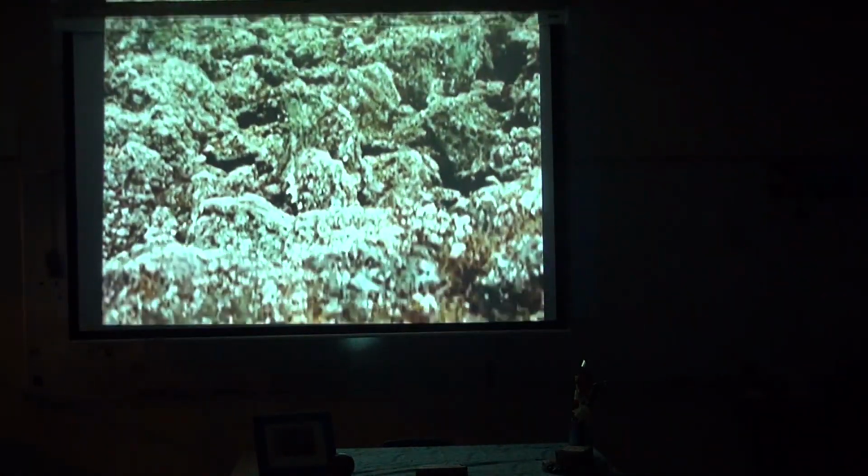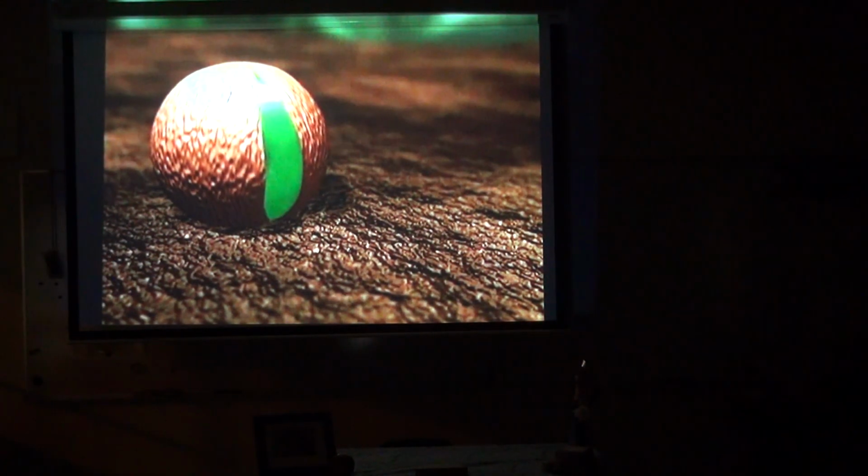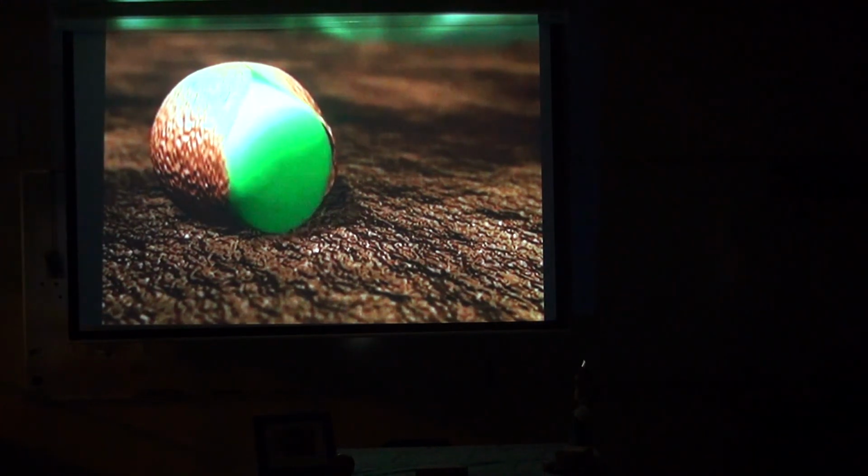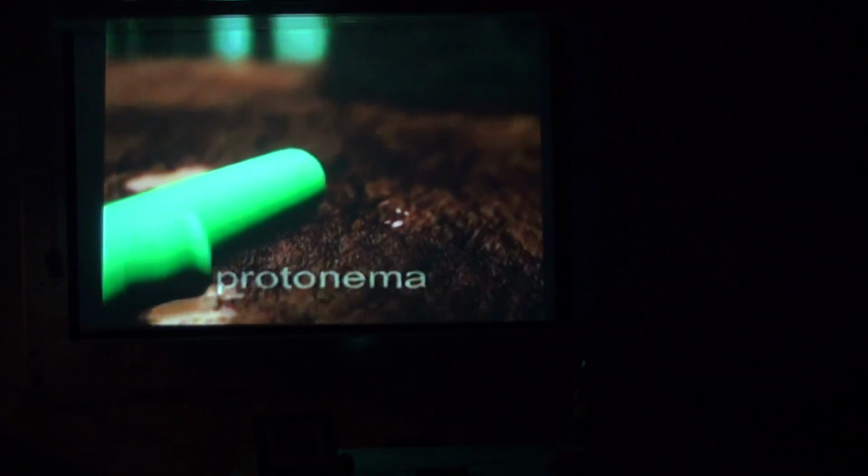Spores carried by the wind may land on an exposed surface. After rain, the spore cell absorbs water and germinates. But instead of growing into a new moss plant, it forms a branched, filamentous protonema.